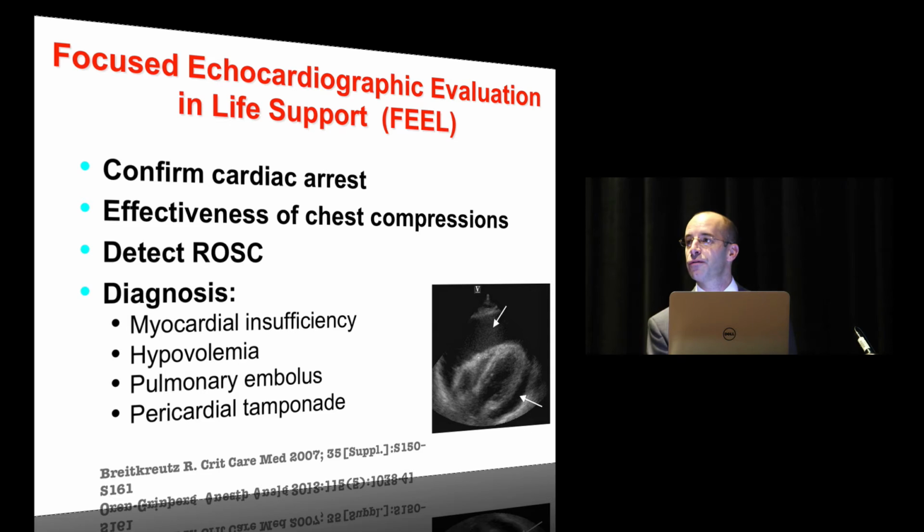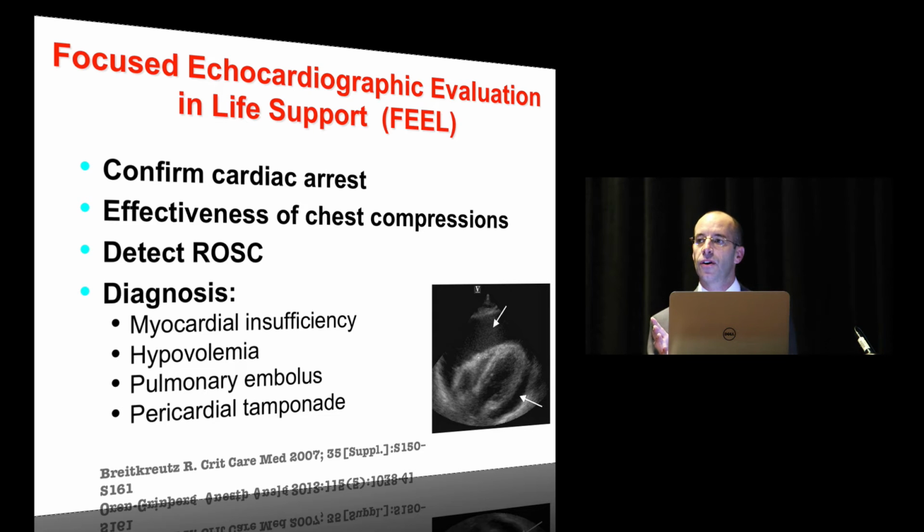There are interesting things that can come out of it. Firstly, you can confirm arrest. I've been involved in several arrests where patients are getting CPR and doses of epi just because the pulse wasn't palpable, but actually the patient wasn't in cardiac arrest. It can determine if your CPR is effective, and you can see if you're getting a return of spontaneous circulation. It is also very useful for basic diagnosis of the cause.